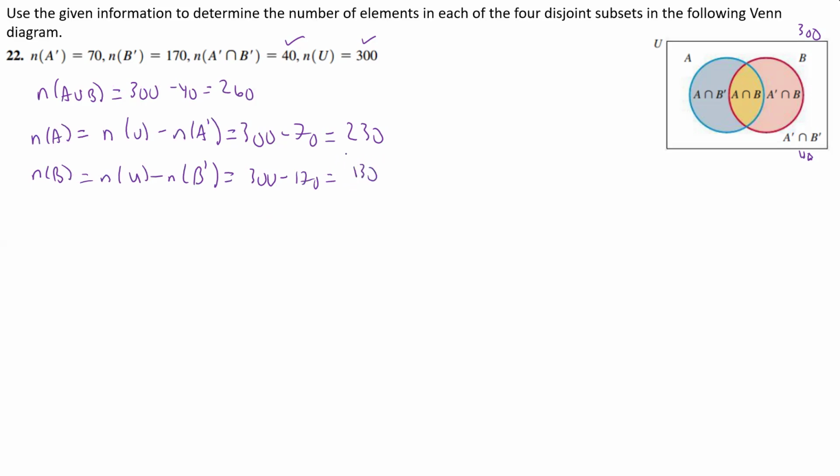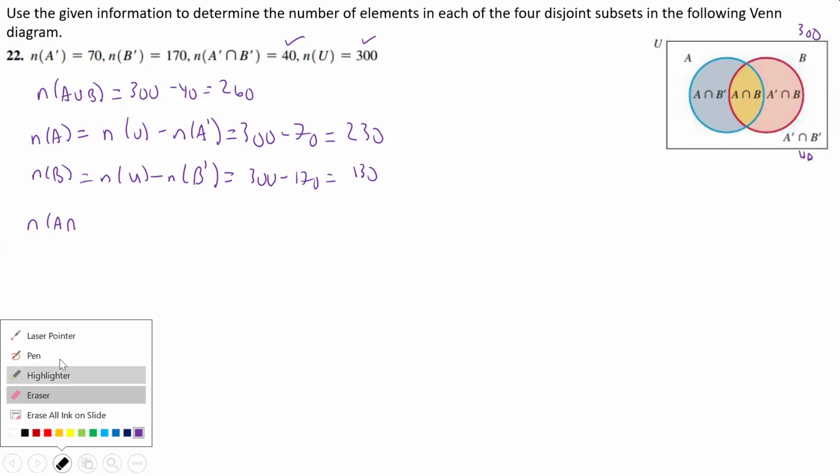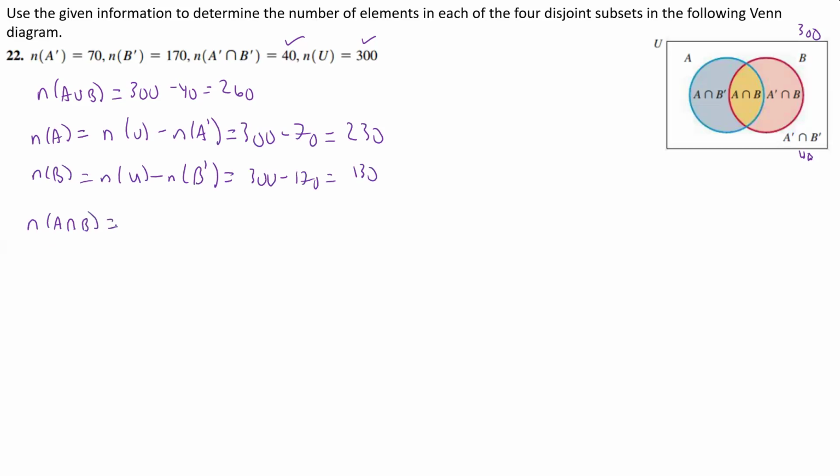Okay. So that intersection, A intersect B, is what? Well, we know it's going to be the number in A plus the number in B, minus the number in A union B, because we have to subtract off what the union is.